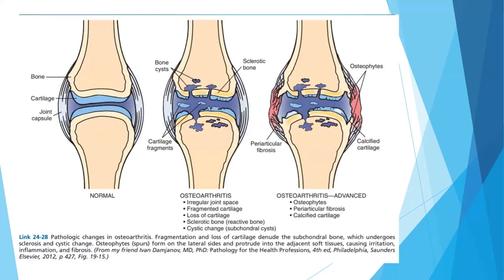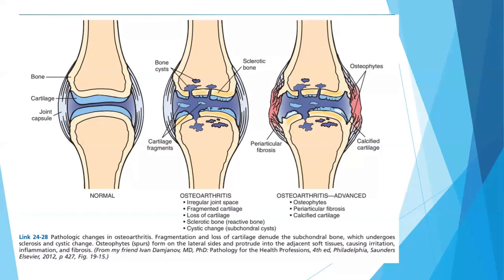So here you can see the pathological changes in osteoarthritis. The fragmentation and loss of cartilage denude the subchondral bone, which undergoes sclerosis and cystic change. Here you can see the sclerotic bone, and there are some bony cysts, and these are the cartilage fragments, and these cartilage fragments produce the crepitus.